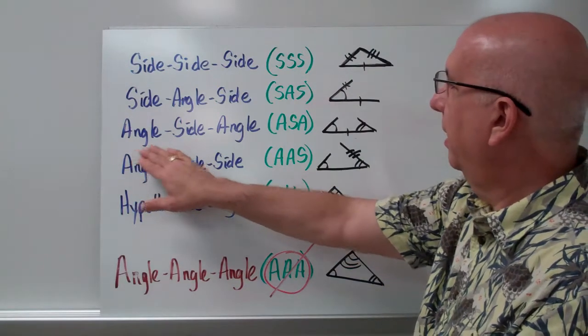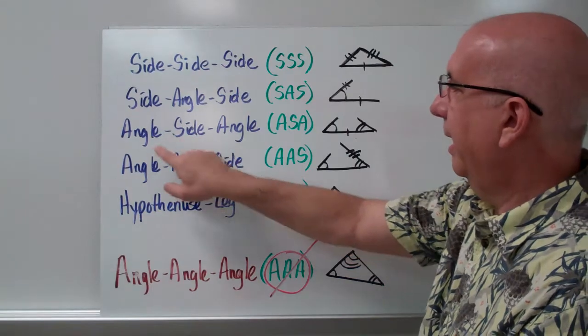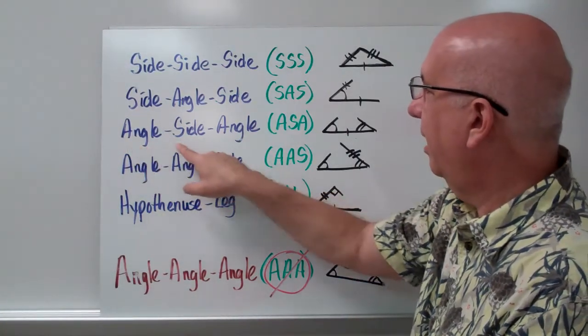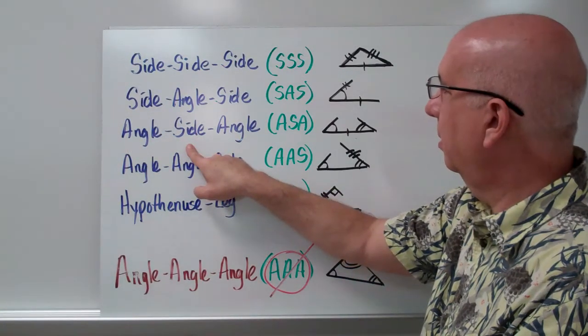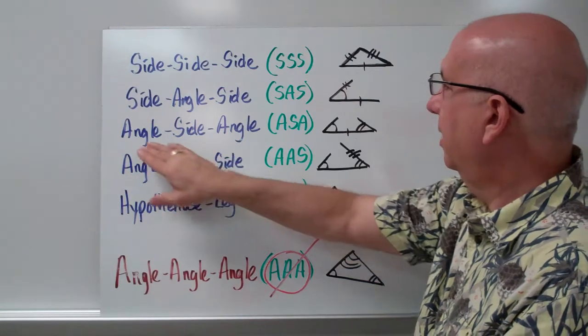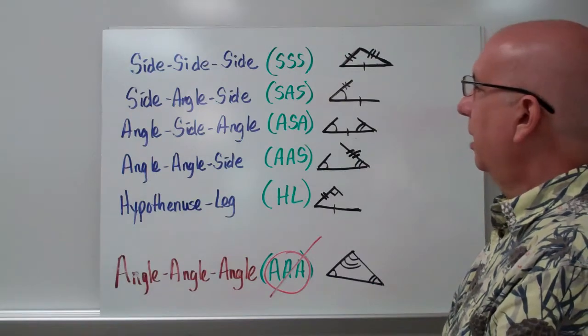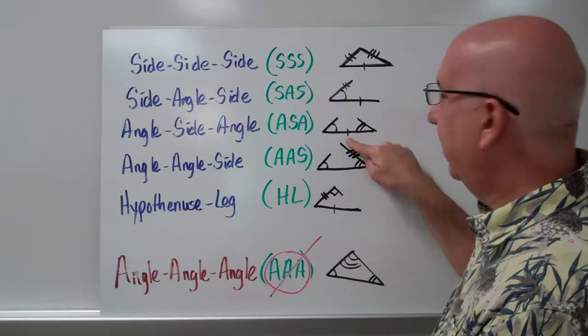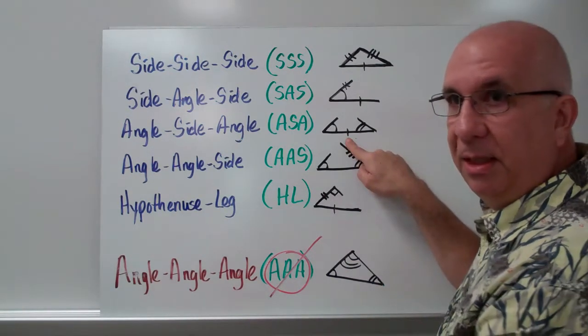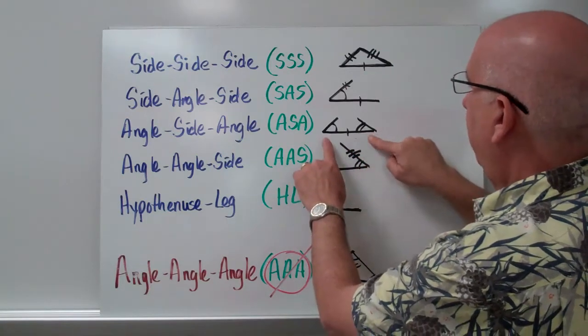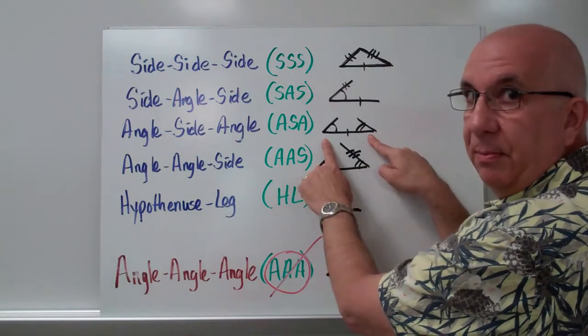The next one has an included side. Notice angles are on the outside with the single side inside. This is angle, side, angle, ASA. So I've got an included side, one side, that's included between two angles. Here are my two angles.